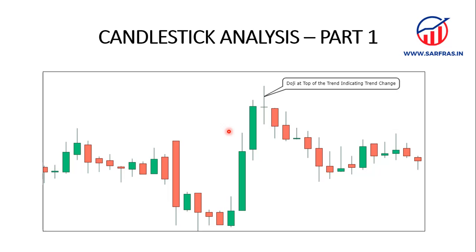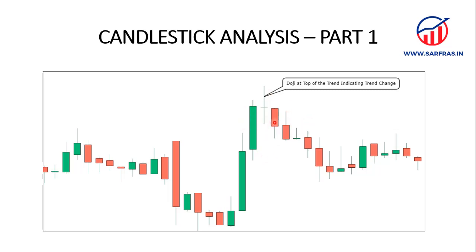Now let's see a doji, as mentioned, on the top of the trend over here. So you have a fall over here, and the price is rising in a steep rise, and a doji comes right at the top. Now what was mentioned earlier is that when a doji comes at the top or the bottom of the trend, that can be a clear-cut indicator of trend reversal.